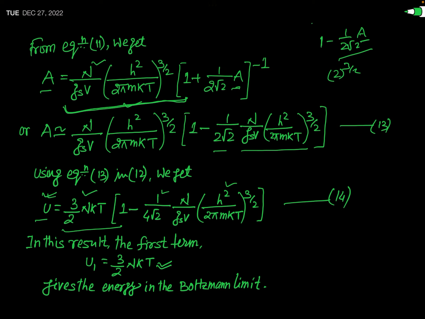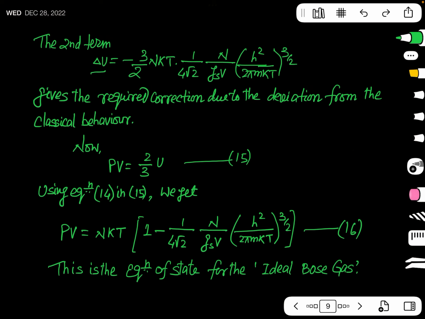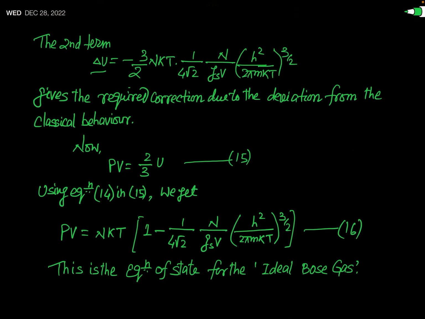This is the difference between the energy of a Bose gas and the ideal classical gas. So this difference is equal to minus 3 by 2 nkt times 1 by 4 root 2 into n by gs into v into h square by 2 pi mkt whole to the power 3 by 2. This is the difference.